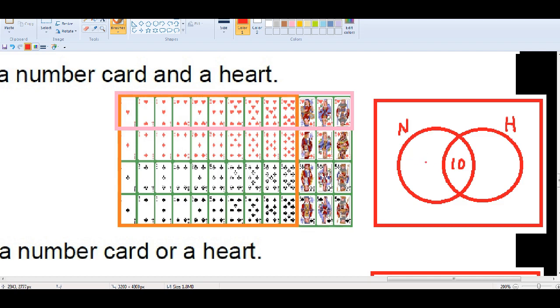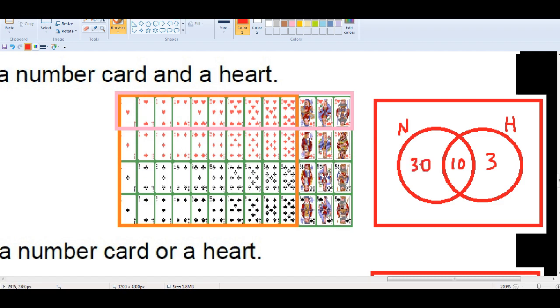How many cards are hearts but not numbered? Should be 3. So how many of them are number cards but not heart? Should be the rest of the number cards which are not heart. Because each suit you got 10 number cards, so there are 3 other suits other than hearts.